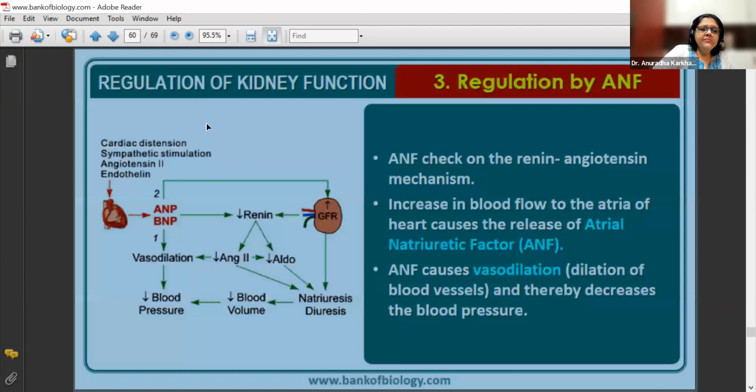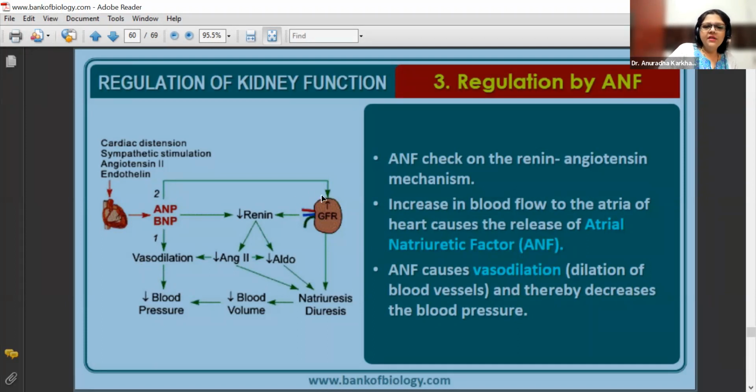What is happening? Cardiac distension, sympathetic stimulation, angiotensin to endothelium, all will activate your heart. These are the factors which actually cause vasodilation. Vasodilation means increase in the lumen of the blood vessels. Blood pressure will fall down.